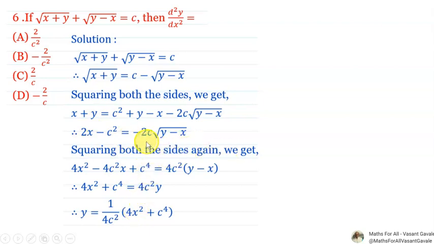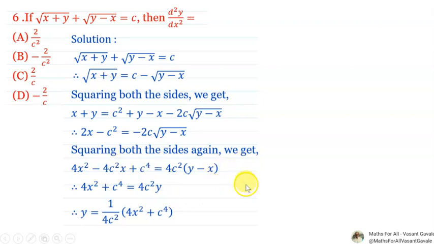आणि या साईडचा स्क्वेअर केल्यानंतर 4c square in bracket y minus x. पुढे नॉर्मल सिम्प्लिफिकेशन हियर 4x square, okay, plus c raised to 4, and the next minus 4c square into x. तो आपण या साईडला जर नेला, that will become plus, and hence या 4c square ने या minus x ला मल्टिप्लाइड केल्यानंतर then you will get here minus 4c square x.